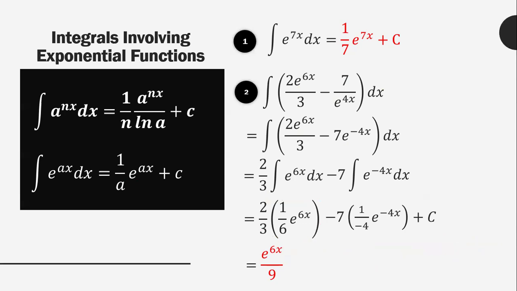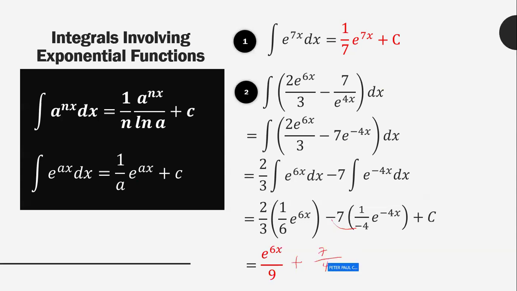Then we multiply negative 7 and negative 1 over 4. So that will be a positive, which becomes plus 7 over 4.